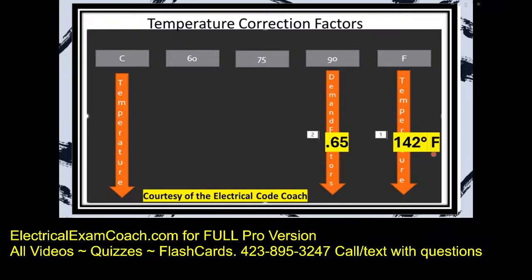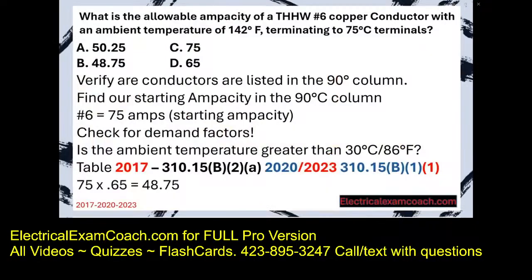Ours was 142 degrees. Then we're going to slide over and find our correction factor. And remember, it's just a demand factor. Now we're going to head back and do our math. We take our starting ampacity multiplied by the correction factor, and that gives us a new allowable ampacity of 48.75, and we select B. Great job!